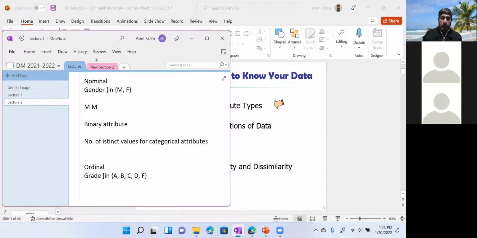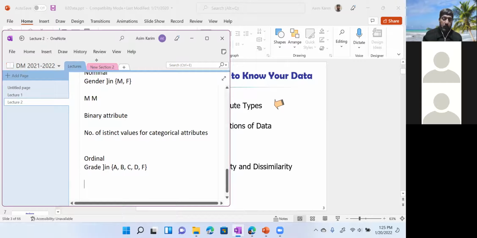These are of course labels, categorical attributes, but they now have some more relationship among them. So you know that A is, according to the domain, better than B. Or in other words, you can order the values.